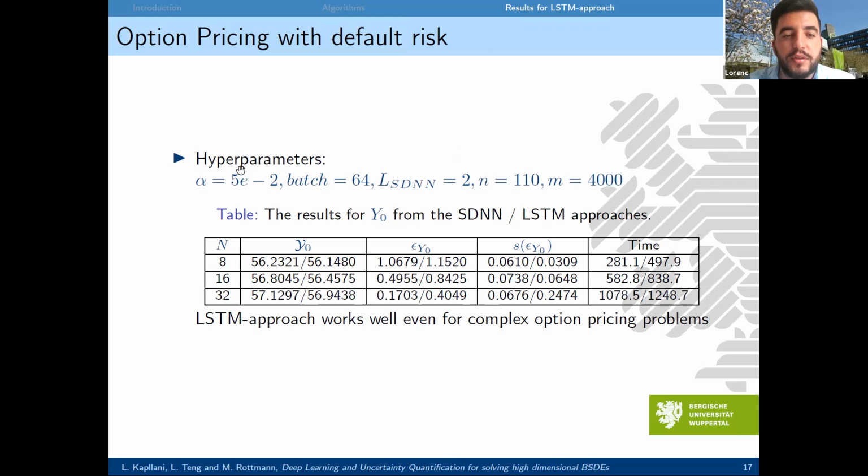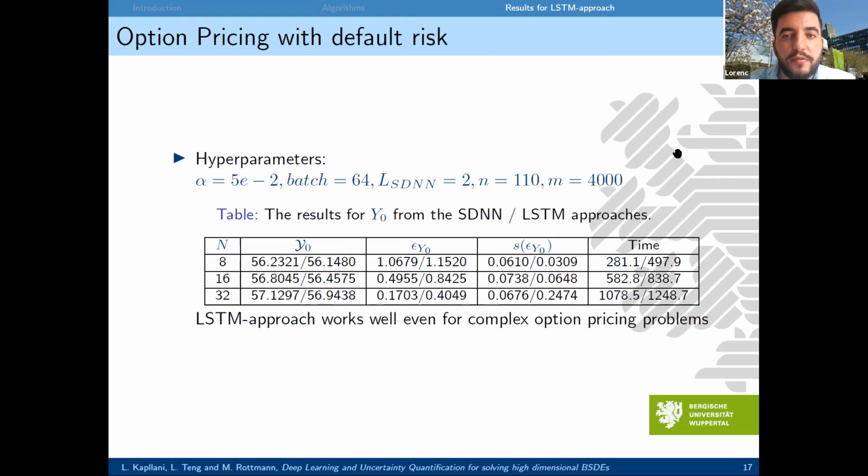In this case, we consider a bigger learning rate, because it is a little bit more complicated to converge to the exact solution, which is even higher in value, and we also increased the optimization steps to 4000. As we can see, even here the LSTM approach works very well, even for complex option pricing problems.